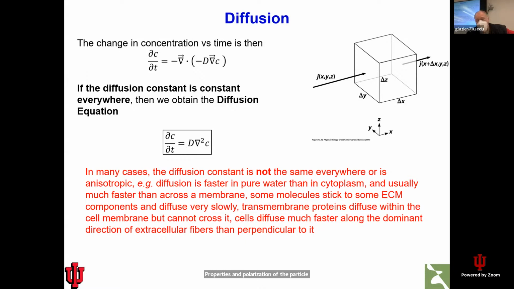Some molecular species stick to chemicals in the extracellular matrix, and so they have very, very slow effective diffusion constants in the presence of extracellular matrix. There are molecular species, many of them, that are what are called membrane bound.